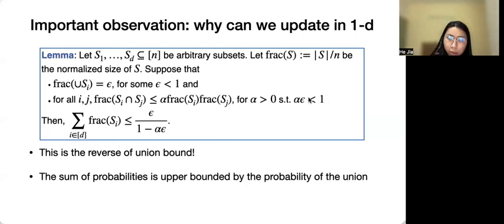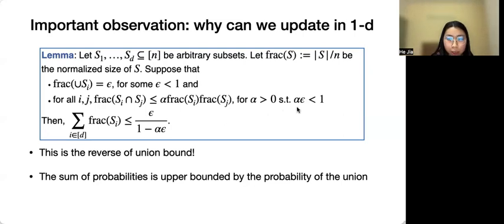So epsilon is the corruption fraction. In our algorithm or in our problem, it should be a small constant. Then alpha can be some constant larger than 1, and we can take whatever satisfies this condition. Now, given these two conditions, we can conclude that the sum of the fractions of Si is upper bounded by epsilon over 1 minus alpha epsilon.